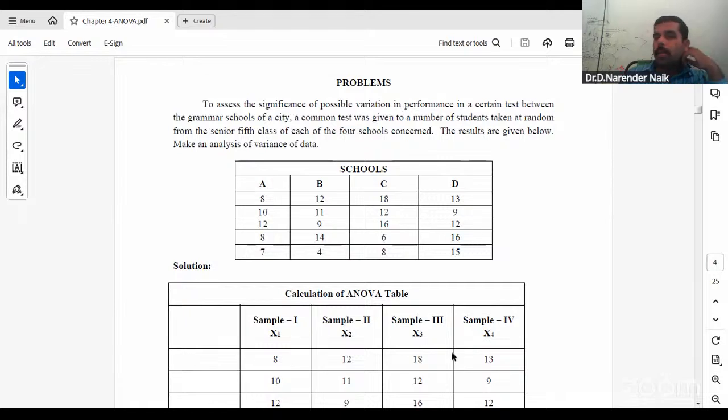The results are given below. Make an analysis of variance of the data. The schools are A, B, C, D, so four schools are there.